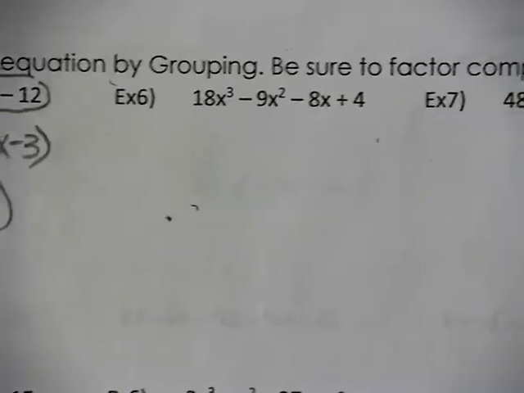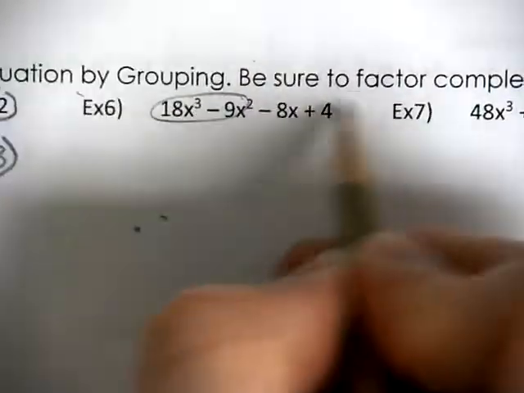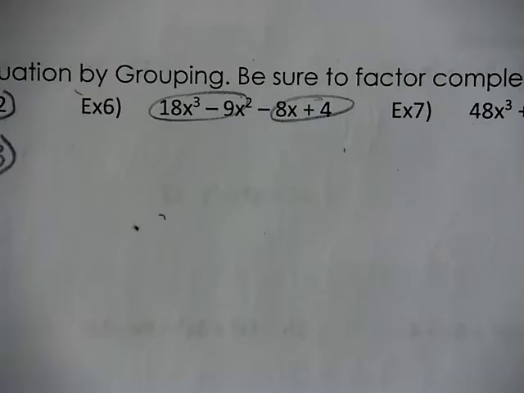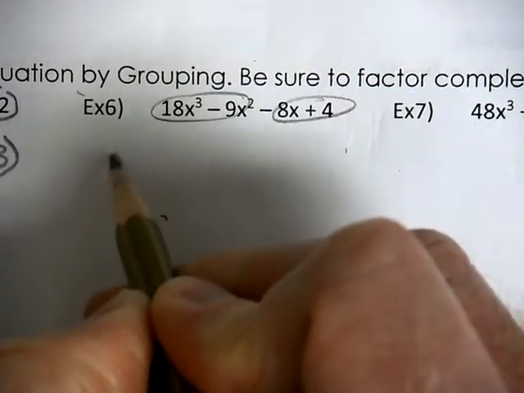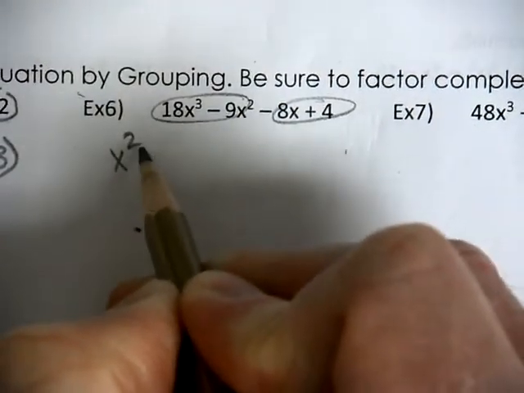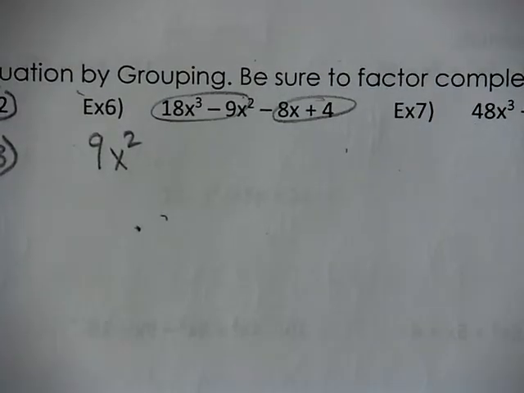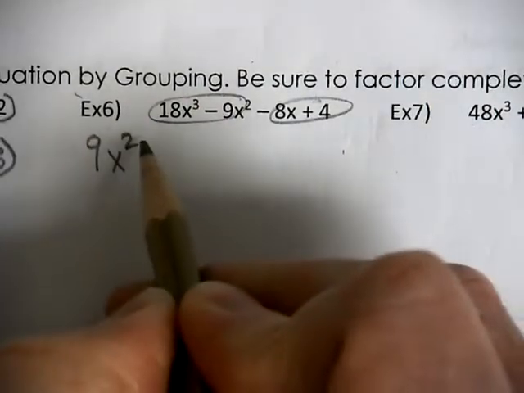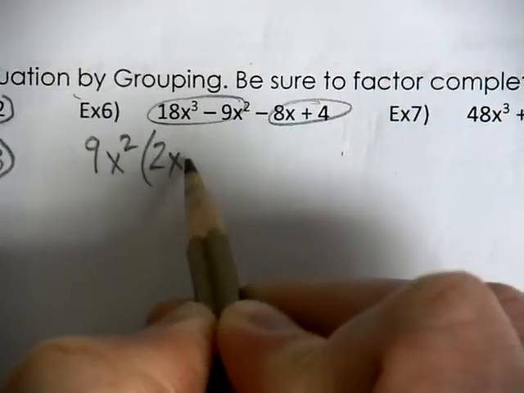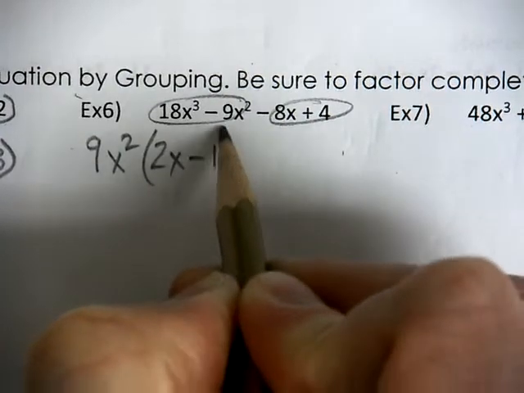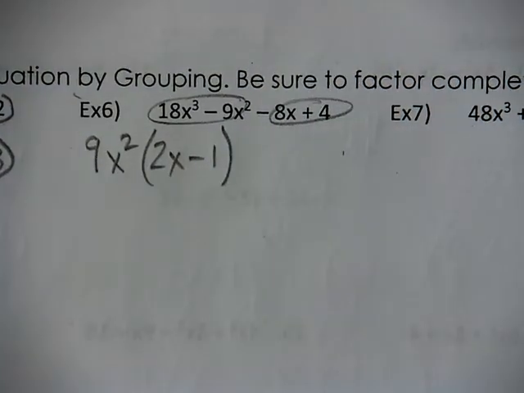We come over here to the second question. Circle both sets just like we did before. Factor out what you can, which is an x squared. Actually a 9. They both are divisible by 9. So 9x squared. That leaves me with a 2x minus a 1. You have to have the 1 to hold that place value.